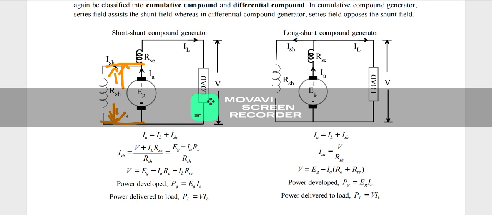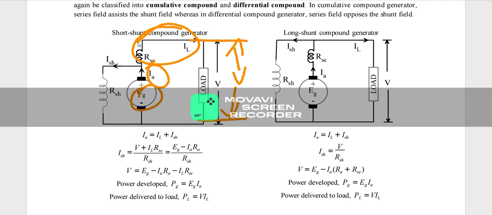The EG minus IA RA, or we can say V plus IL into RSC, divided by the particular resistance RSH will give the shunt field current. So how will we write the terminal voltage equation? Capital V is equal to EG minus IA RA minus IL into RSC. Hope it is clear.